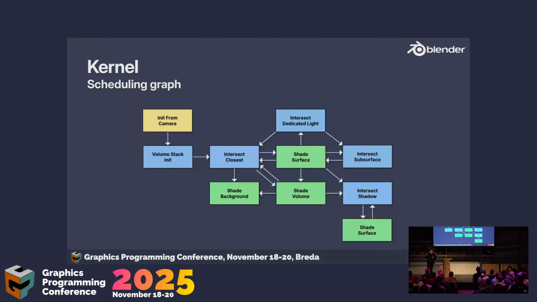And then we enter the classical megakernel loop where we do scene intersect, and then we either go to the shade background if we didn't hit anything, or we go to the shade surface if we hit something, and from there we go either into SSS rendering or into some more tricky parts for shadow linking, things like that, and at some point the loop closes.